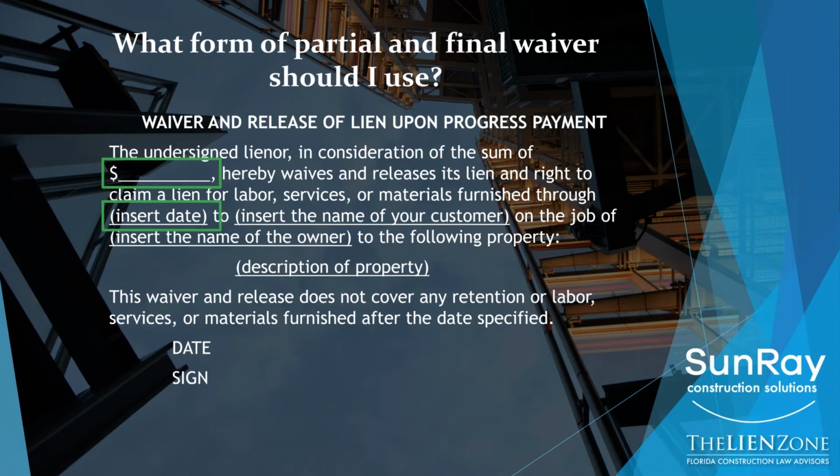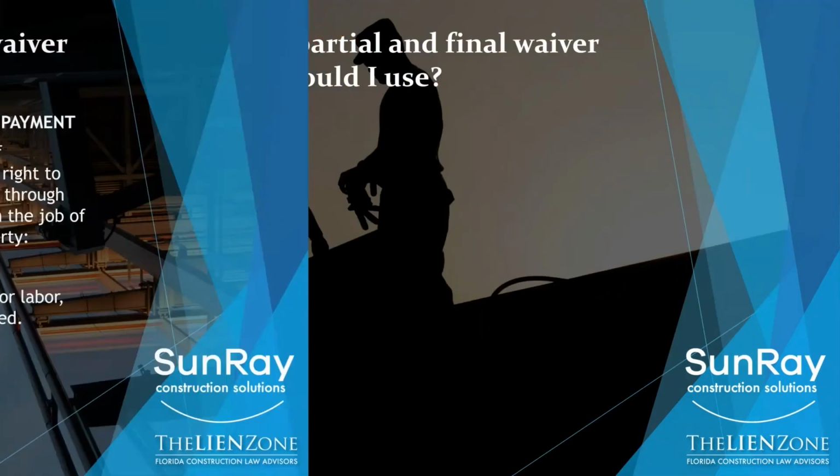This is the date that amount of money represents. So if you've done work through the end of the month and that gets you a $22,000 check, then you'll put the end of the month in the insert date section and $22,000 in the amount. What this release gives away is your lien rights in exchange for a partial payment.